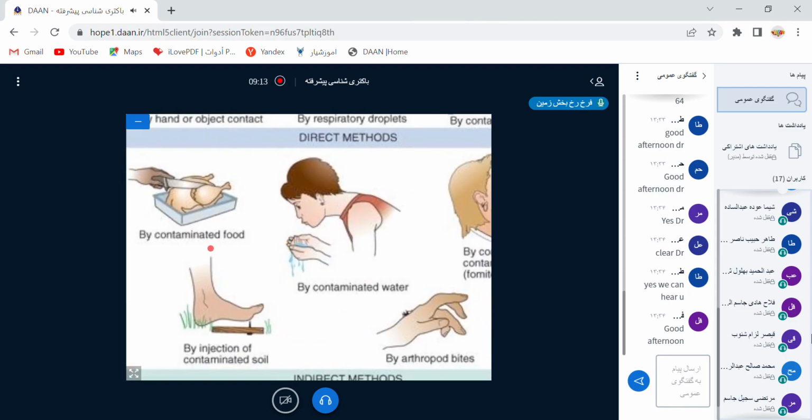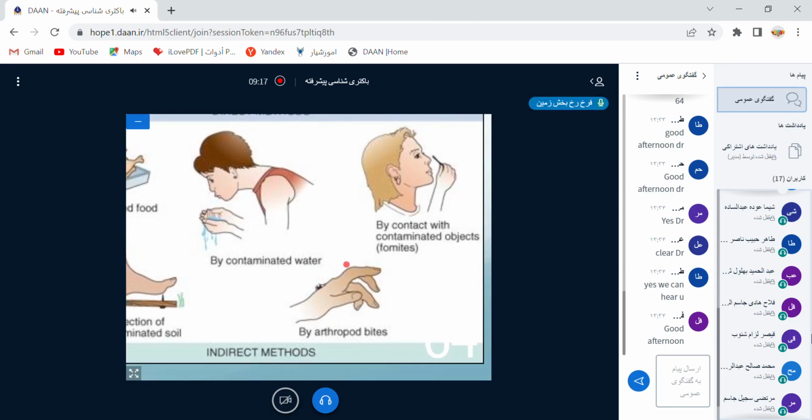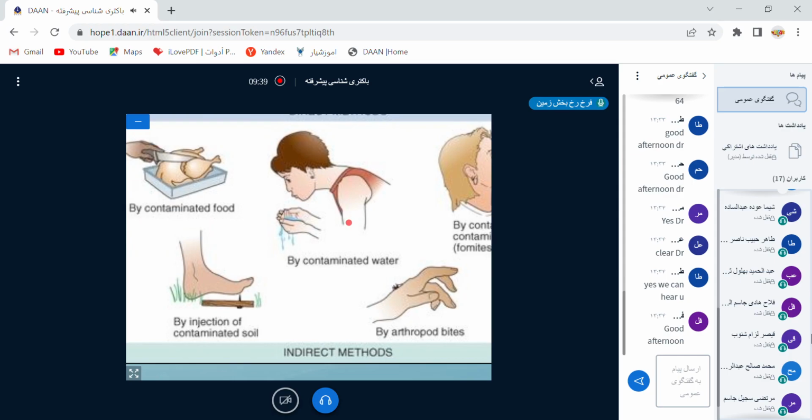For example, by contaminated food, contaminated water, or contact with a contaminated object. The most probable object is contact lenses, which some people use on their eyes. If infected, because eyes are very sensitive, it can be a transmission device.